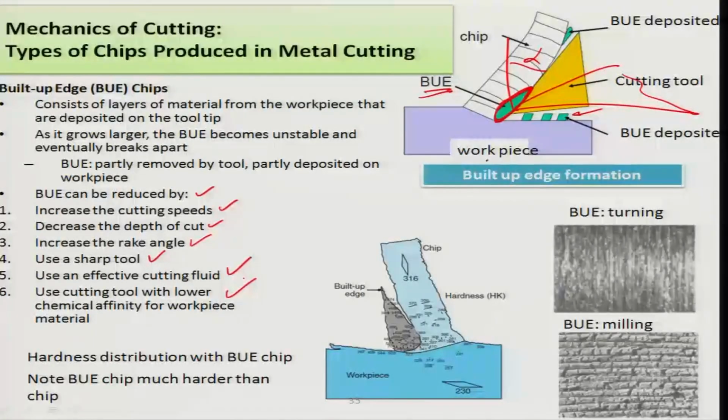If I look at the hardnesses, these are all the HK values of the chip as well as the built up edge and the workpiece. You can see the built up edge formed as a part of the tool, and the hardness of this built up edge region is very high, even higher than the hardness of the work material, and obviously that is the reason why it grazes onto the work material.